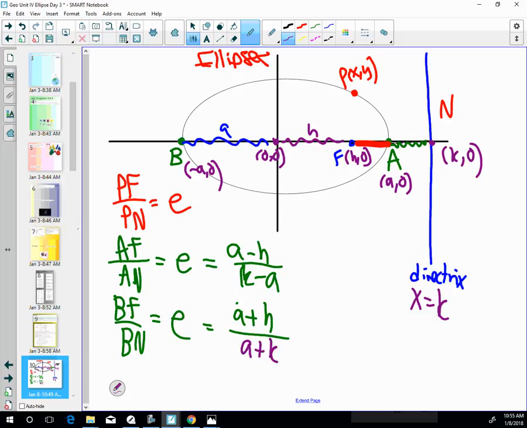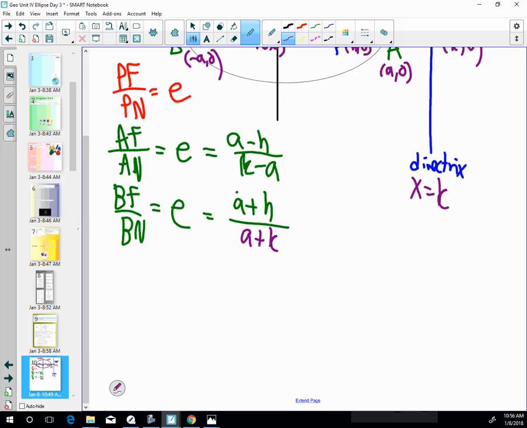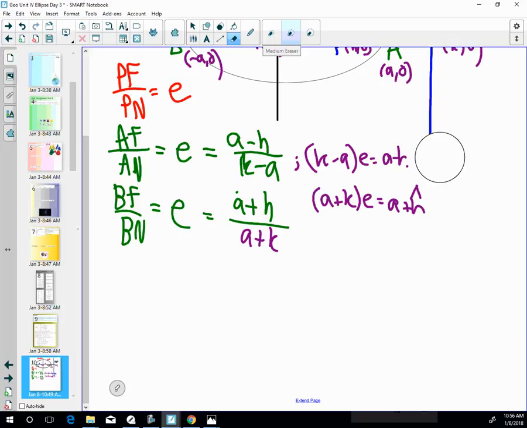Now these E's are the same, so now we're going to be able to solve for these. And I think what they did is they just cross-multiplied and they said K minus A times E equals A minus H, and A plus K times E is equal to A plus H. Erase this a little bit.